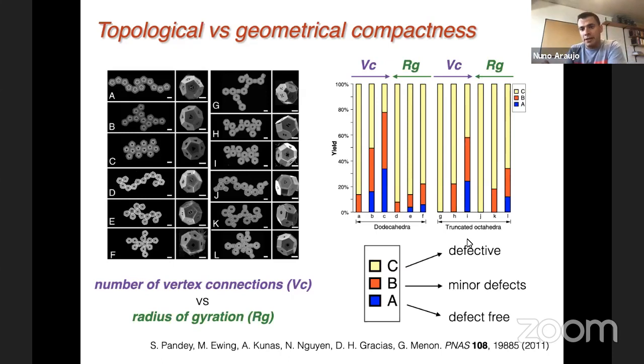The problem is that, based on their results, every time that you want to fold a certain structure, you need to produce the full catalog of nets. You need to count the number of vertex connections per net, and from those take the one that maximizes the number of vertex connections.